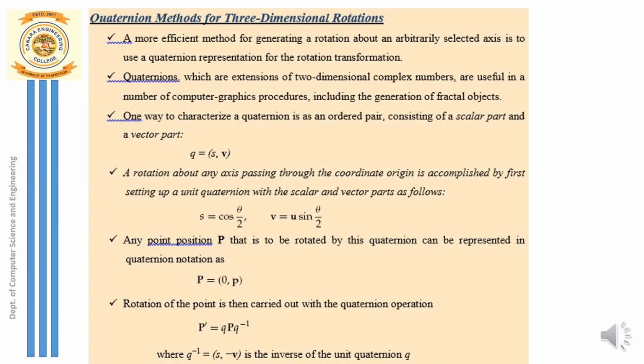Next we'll move on to the very important concept of quaternions. What is a quaternion? It is an alternate method for performing three-dimensional rotation. Whenever we perform a three-dimensional rotation, we have to follow 5 steps.